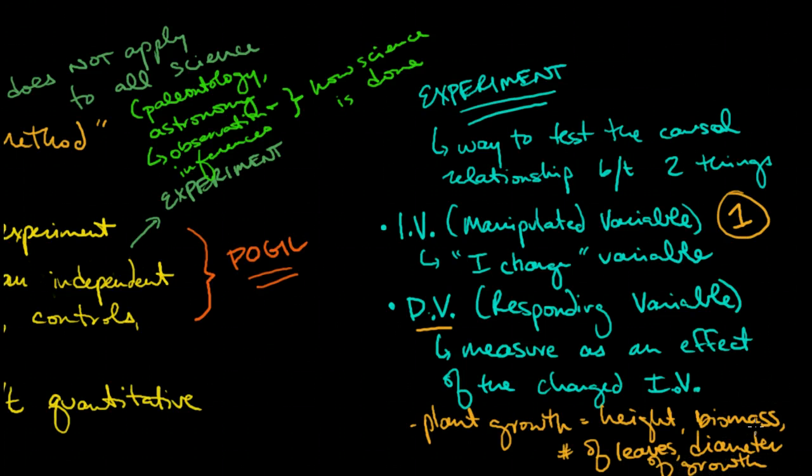There are lots of things that I could also measure it as, like the amount of sugar output. Lots of other ways I can measure plant growth. And you need to pick which one or which ones are going to be most relevant for your study. So for your science fair projects, I don't want something that's like plant growth. I want to see something a little more specific than that.